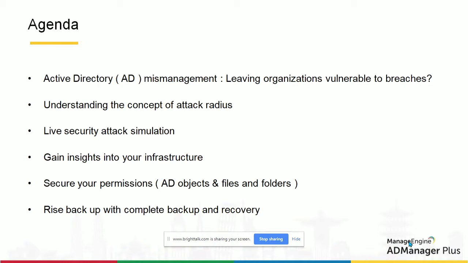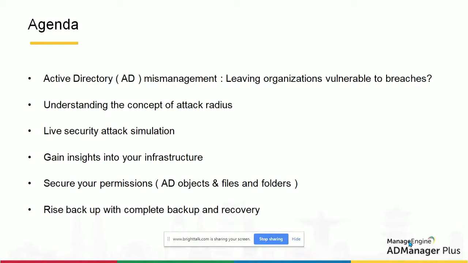And after the attack simulation, we will employ a step-by-step approach where first we will learn to gain insights into our infrastructure. That's right, valuable insights where mismanagement vulnerabilities commonly occur, where mismanaged permissions commonly occur. And once we gain the insights, we will fix these problems. We will fix all mismanaged permissions within Active Directory.